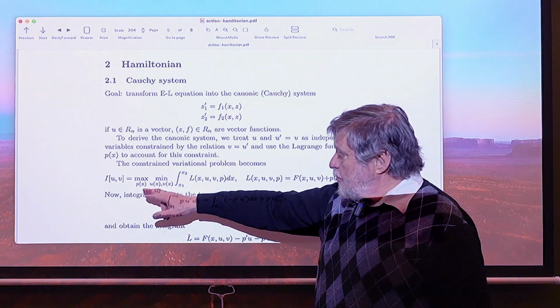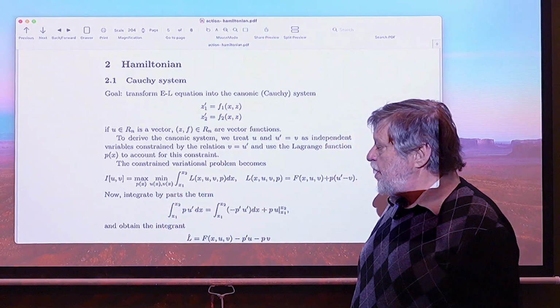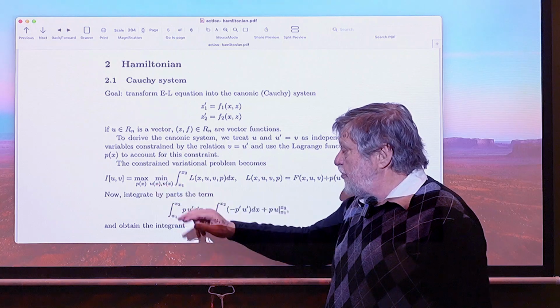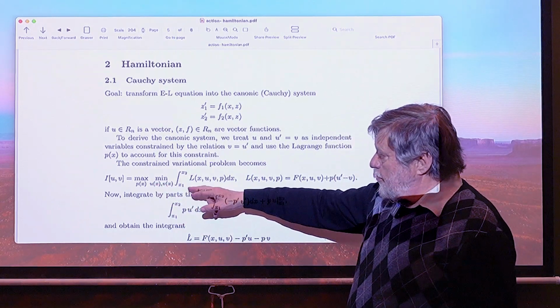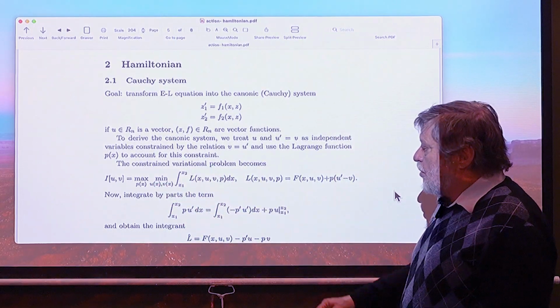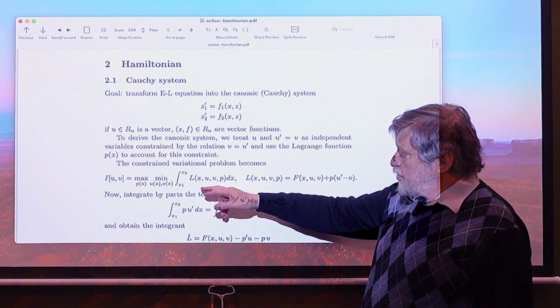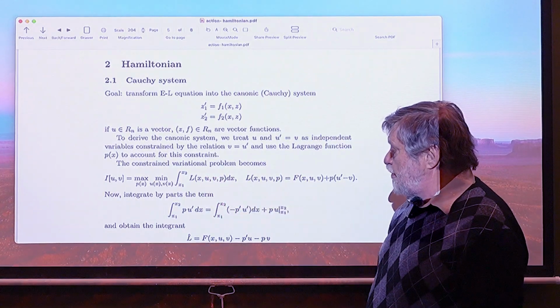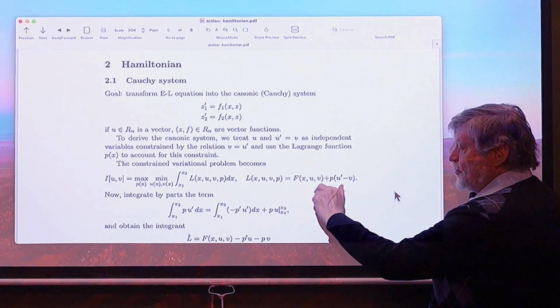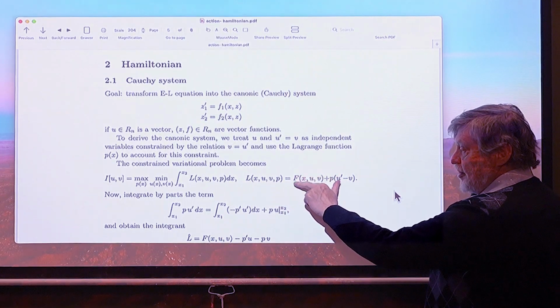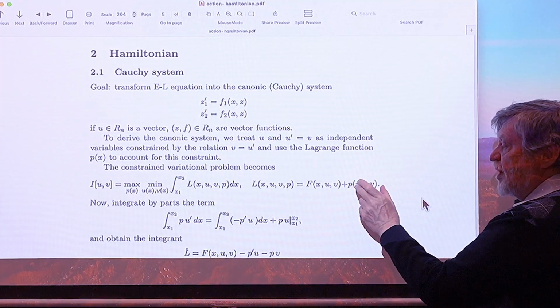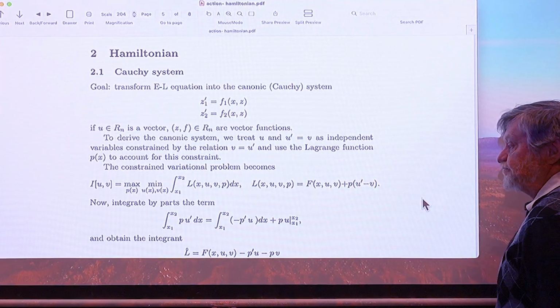We have maximum for this Lagrange multiplier p, minimum for the two variables u and v, of the integral from x1 to x2 of some Lagrangian, which depends on x, u, and v. And this Lagrangian has the following form: it is the original function f that we wanted to minimize, plus p multiplied by u prime minus v.